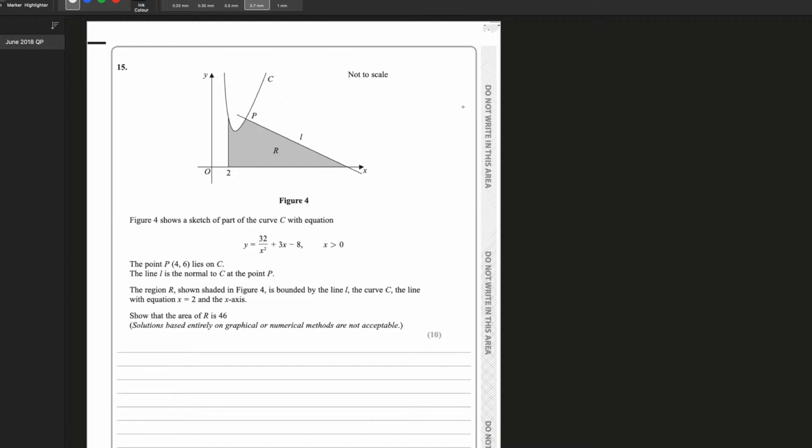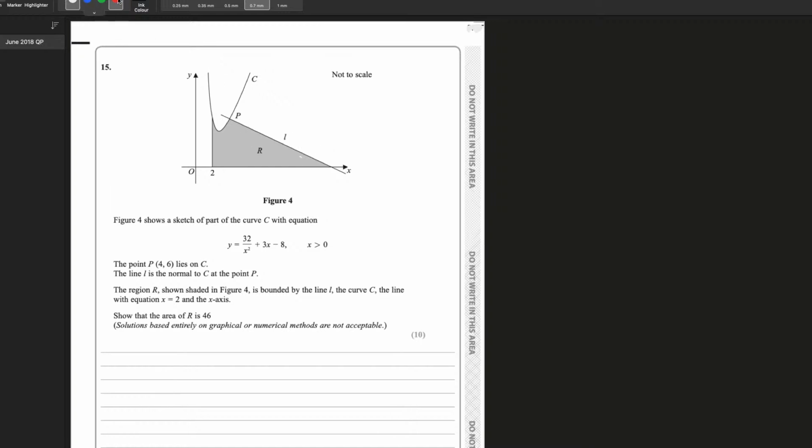From 0 onward. The point P, as you can see over here, is the point P. The point P is (4, 6) and lies on the curve.